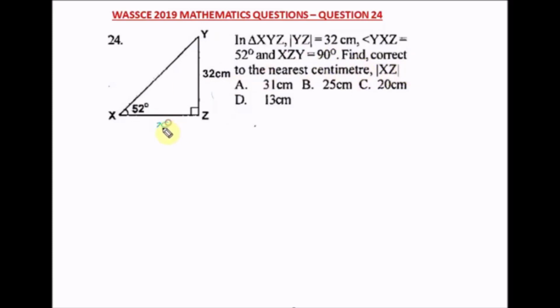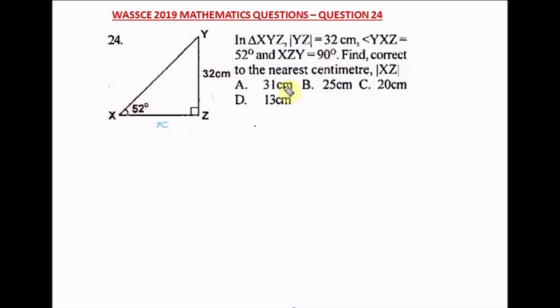So we're looking for the side XZ. All right, when you're looking for a side, you have a right angle triangle. Definitely, it's just your Pythagoras. Is that not it? We're going to use Pythagoras to try to solve this, considering this particular angle, this side, and this side too, the known side and the unknown side and the angle.